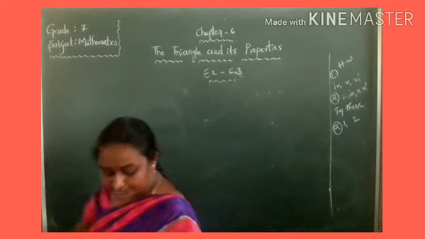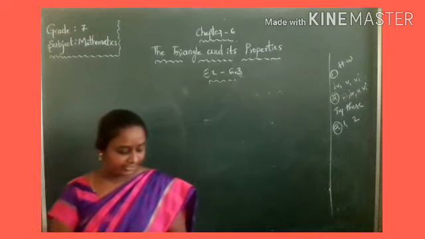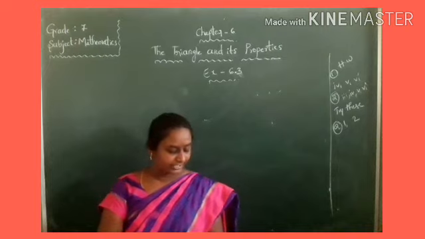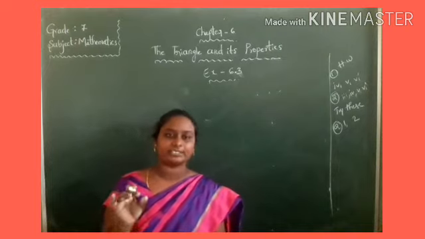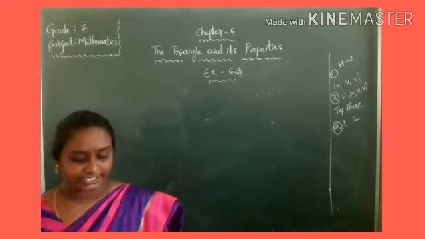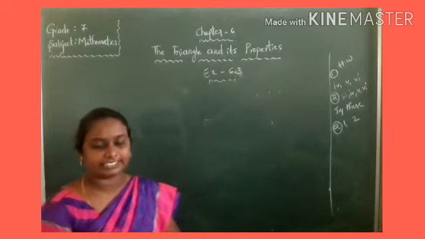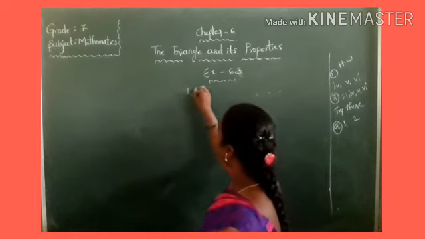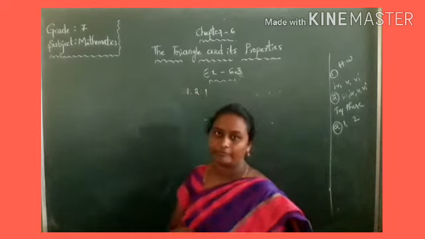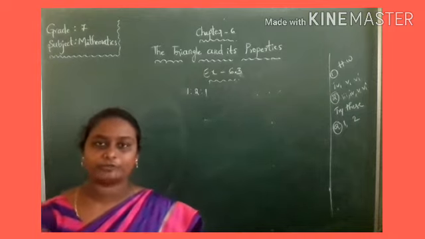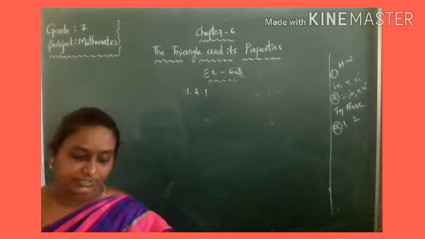And the third one: the three angles of a triangle are in the ratio 1:2:1. Find all the angles of the triangle. Classify the triangle in different ways. Observe carefully: the three angles are in the ratio 1:2:1. We have to find all the angles. How to find them?